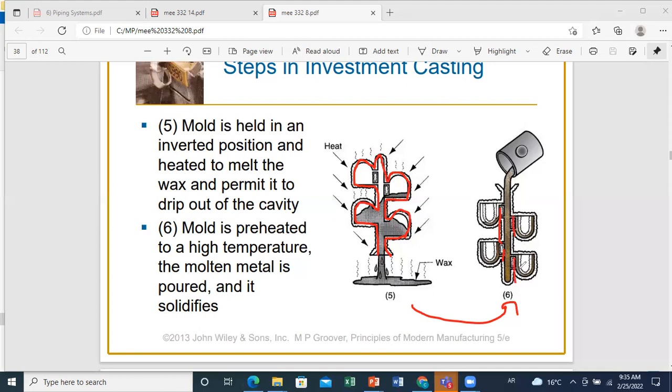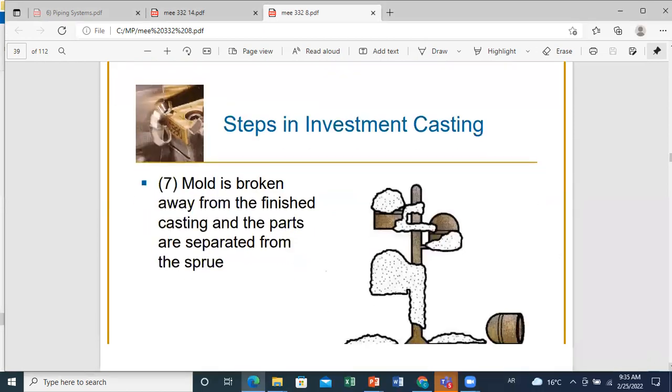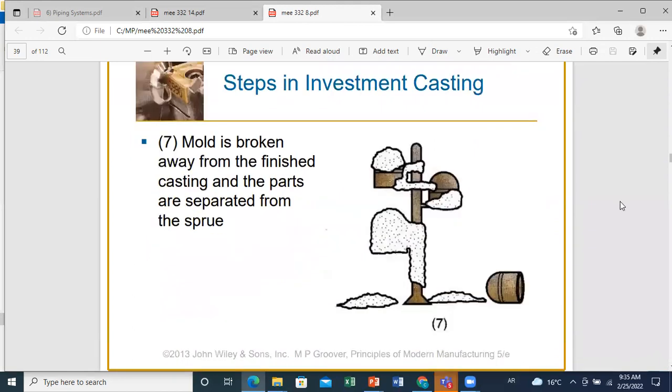You destroy the pattern and the mold to obtain the final desired shape. So as you can see here, after you are done, your mold is broken away from the finished casting, and the parts are separated from the sprue.